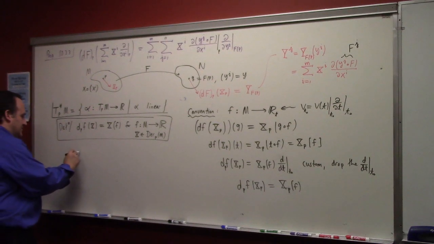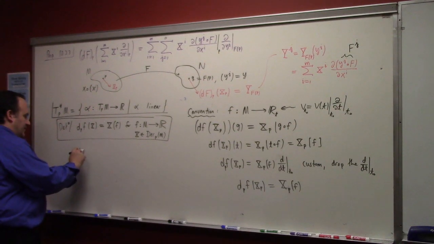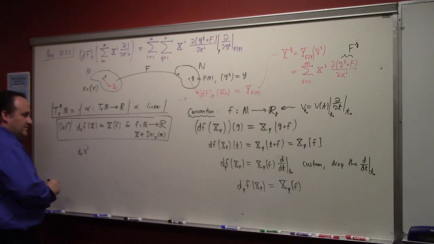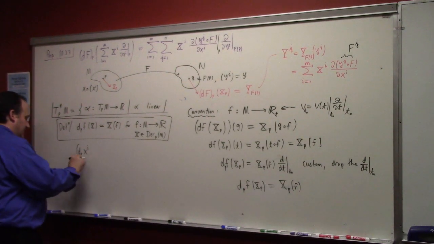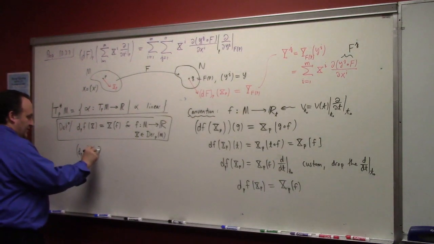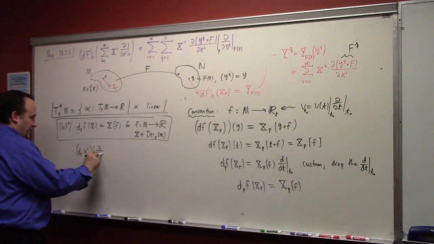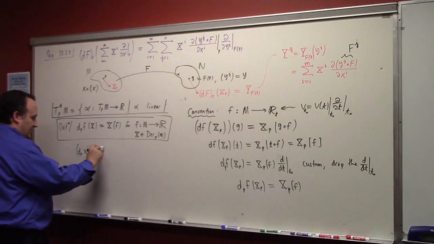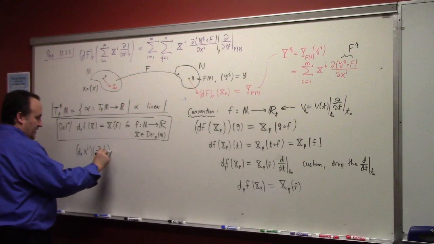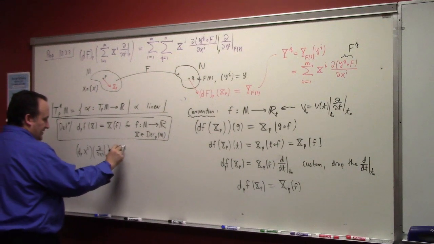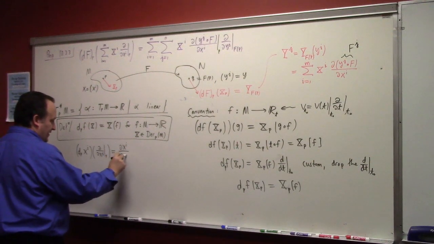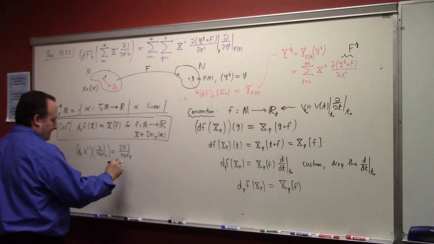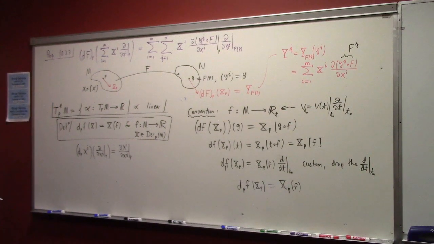What happens when we look at dp of x upper i, if this acts on partial xj at the point p? Well, you've got partial xi of partial xj at the point p, which is the Kronecker delta. We proved that last time.